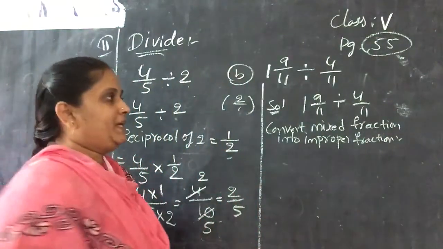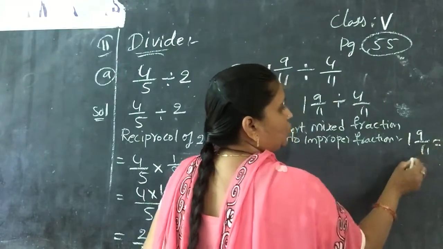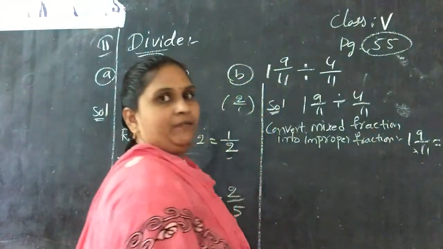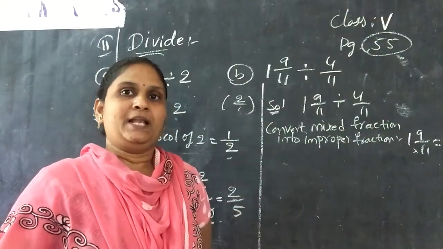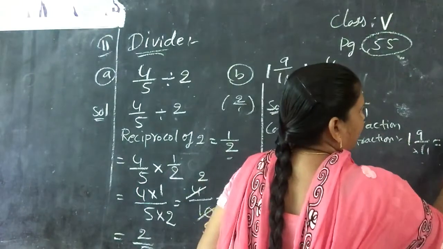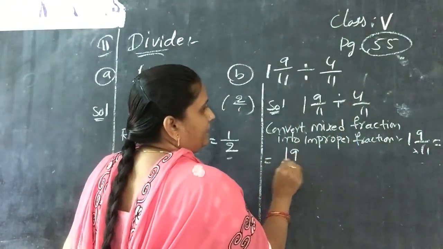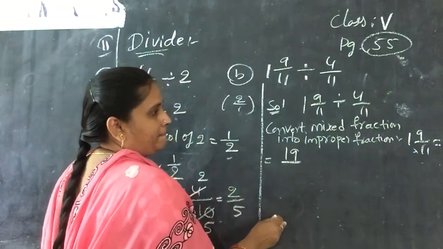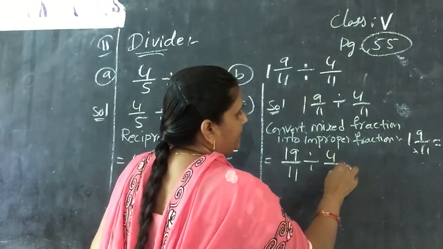What will happen here? 1 9 by 11 is equal to 11 ones are 11, whole number into the denominator 11, and plus 9 is equal to 20 by 11. So write again 20 by 11 divided by 4 by 11.